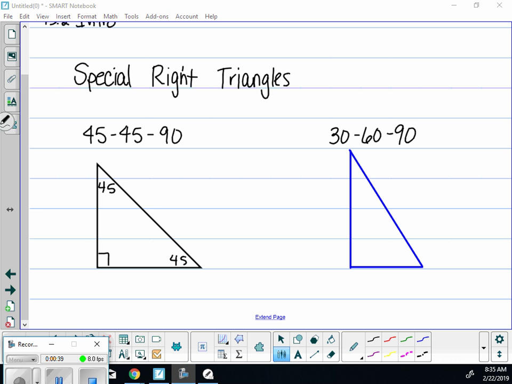In a 45, 45, 90 triangle, because the two angles are congruent to each other, this is an isosceles triangle, which means that this side and this side will always be congruent to each other. So whatever this value is, this value will also be.